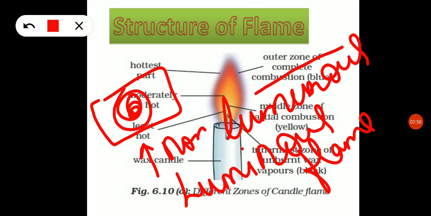Why does complete combustion take place? Because of the sufficient supply of oxygen, and it is generally colorless. And the luminous flame occurs because of incomplete combustion, because of an insufficient amount of oxygen, and the color will be bright yellow. This luminous flame provides light, and this non-luminous flame is very hot. Okay, so this is the difference between the luminous flame and the non-luminous flame.